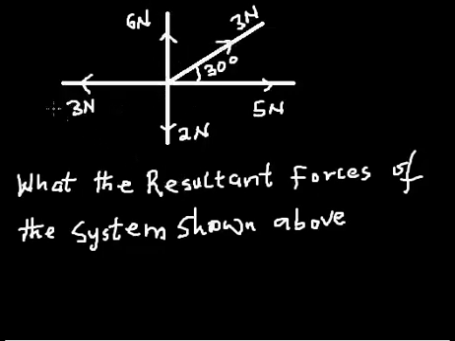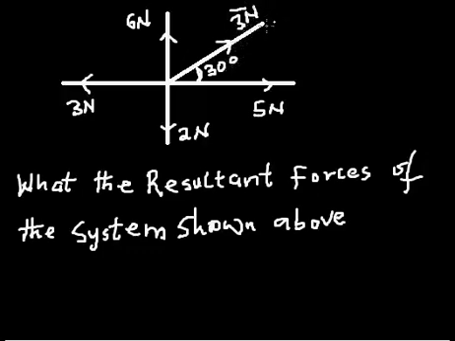Two of them are horizontally represented. One is inclined, and this inclined one has both vertical and horizontal components. I was only given the magnitude of the inclined vector. I wasn't given the two components.